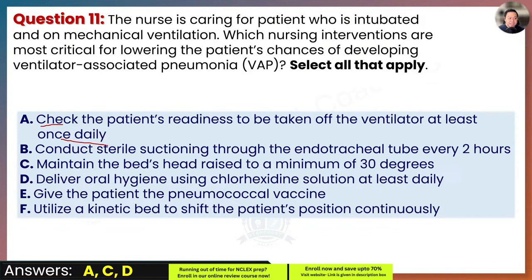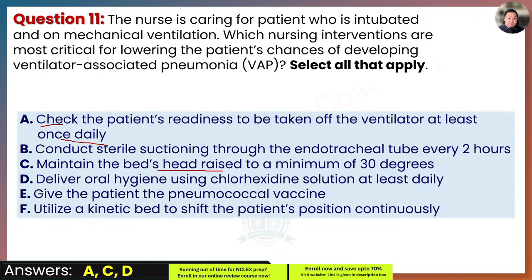Now, what about letter C? Maintain the bed's head raised to a minimum of 30 degrees. Why is this a correct option? Head raised. That's a good clue right there. This is actually a cornerstone of VAP prevention.